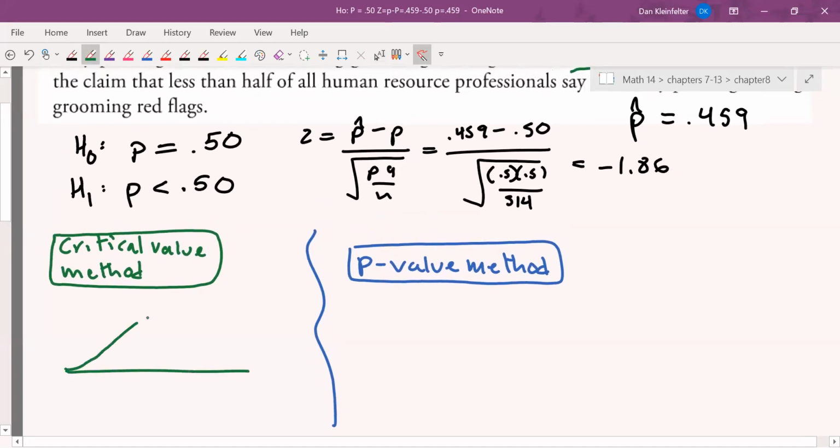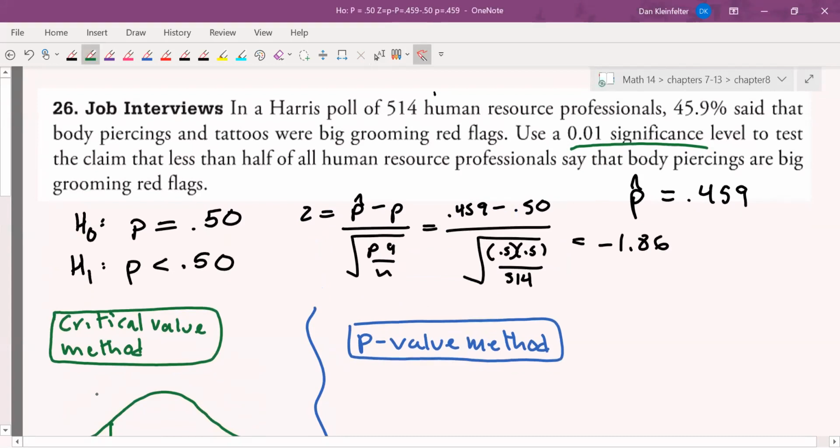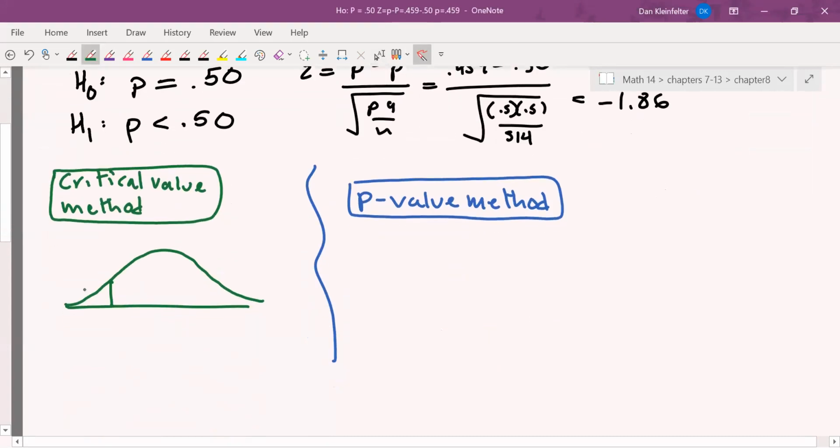So then critical value method, our test is left-tailed. Our alpha is 0.01. And so our critical value is going to be negative 2.33.